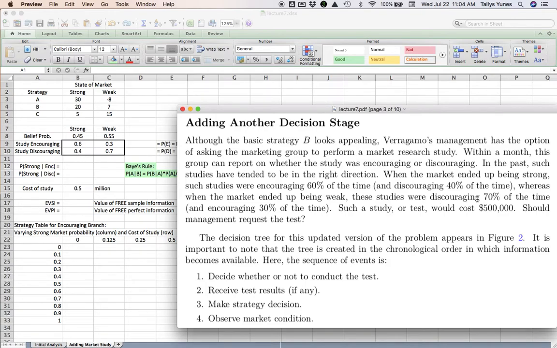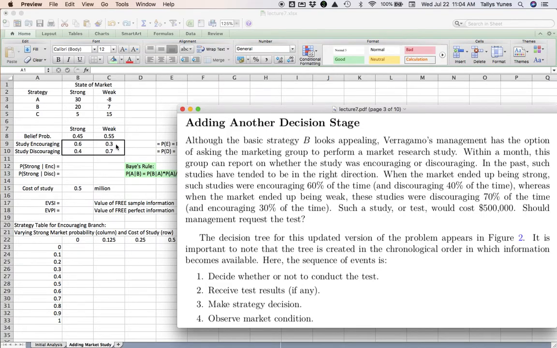And likewise, they look at past data about weak markets. The study also tended to be correct in the following sense. When markets were weak, the study predicted correctly a discouraging result 70% of the time, and predicted incorrectly an encouraging result 30% of the time.